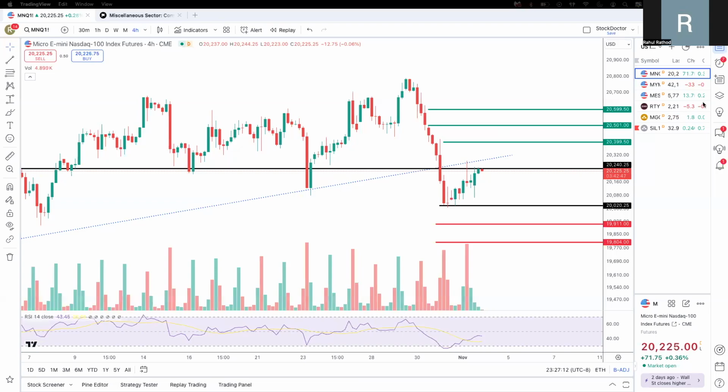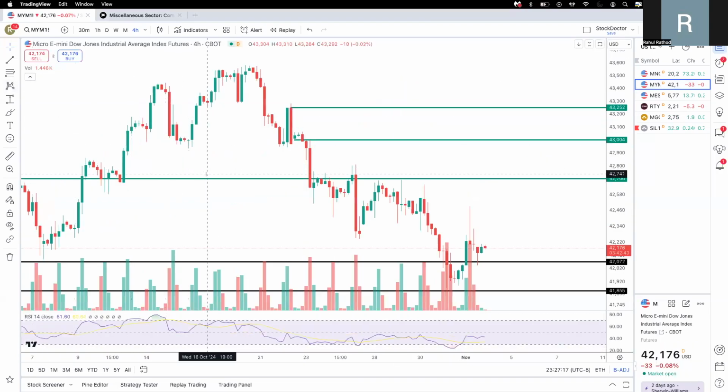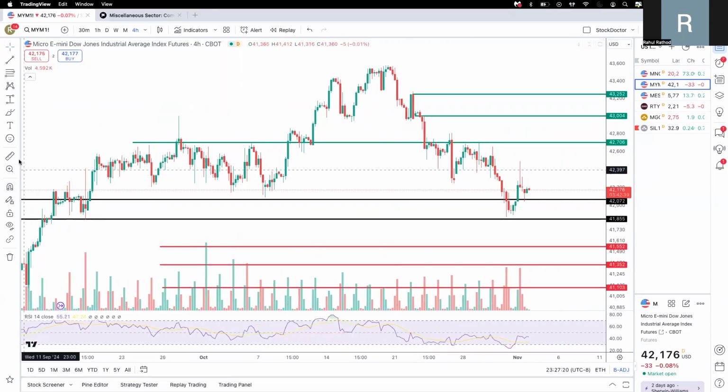Let's go ahead and see the next chart, Dow Jones. For the Dow Jones, this is a 4 hourly chart. I can see that the support area is between 42,075 and 41,855.